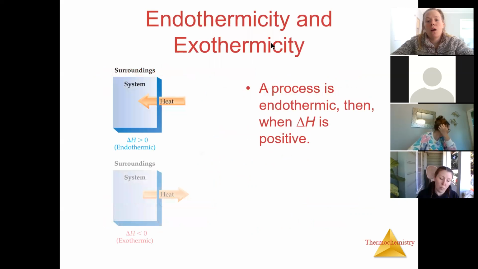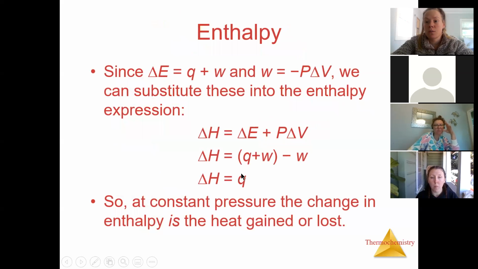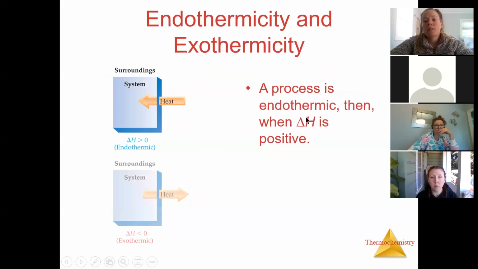And so we would consider a process to be endothermic if delta H is a positive number, because again, looking back at the last slide, delta H is the same thing as Q, and Q is our heat. So if delta H is positive, it means our Q is going up, which means our heat is going up, or we're absorbing heat. It's important to know the signs on those and how they relate to endo and exothermic.